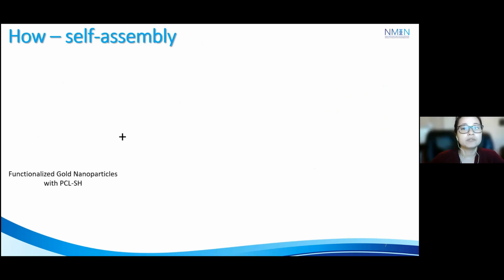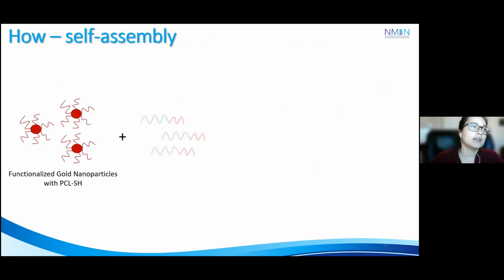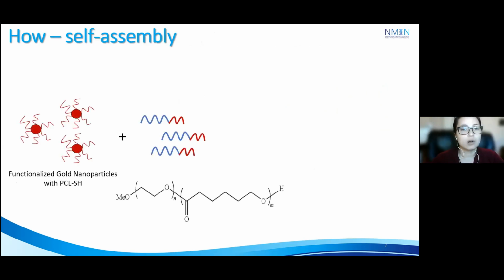And how the self-assembly works: after the gold nanoparticles are functionalized with PCL thiol, they are assembled with the block polymer composed of PEO-PCL. So it's the same hydrophobic block I'm using to functionalize the gold nanoparticles. The hydrophilic block is polyethylene oxide, and the hydrophobic block is PCL.